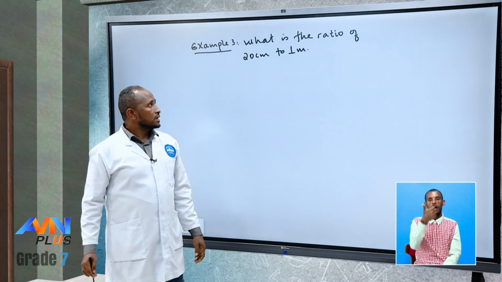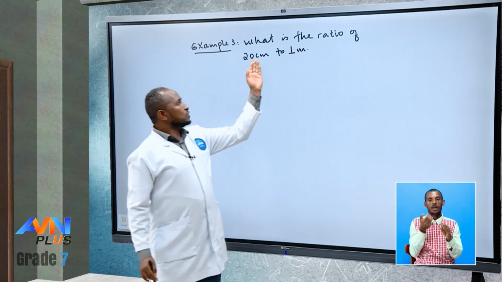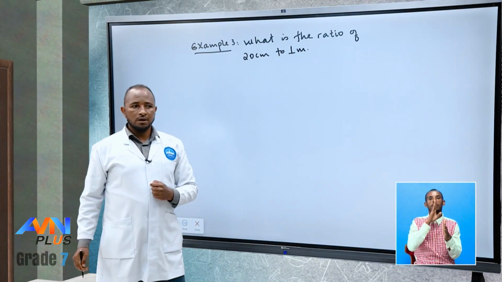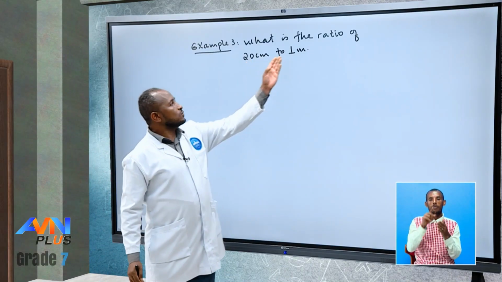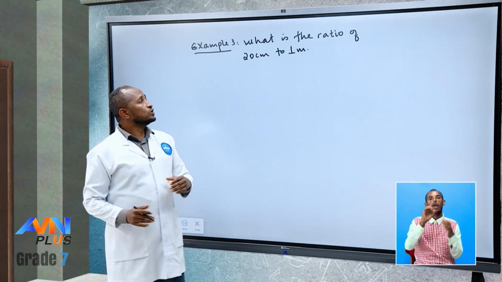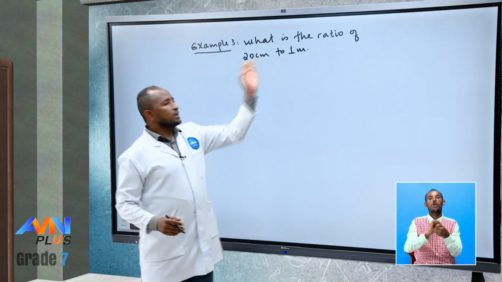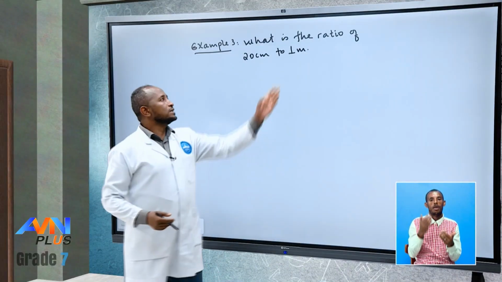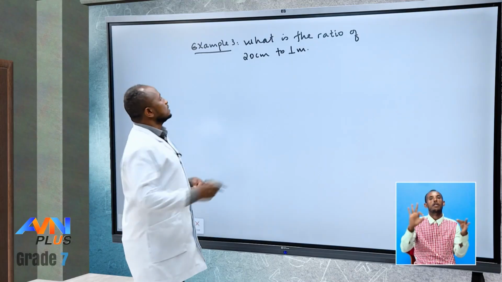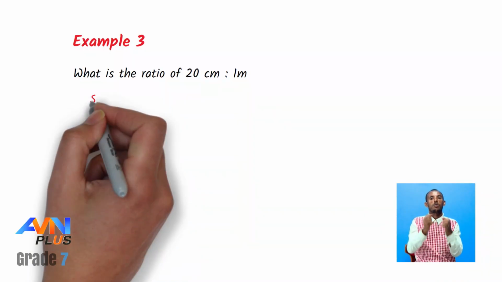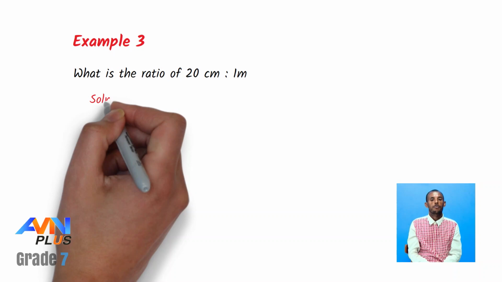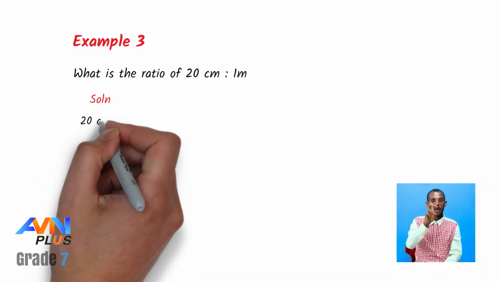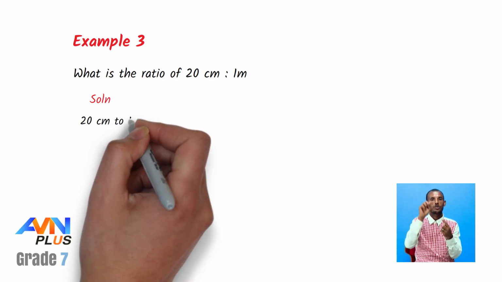As I said earlier, before a ratio is stated, the unit must be the same. Here, you have 20 centimeter and 1 meter. So you have to change either meter to centimeter or centimeter to meter. For simplicity, let's change meter to centimeter. So let's proceed. We are asked to find the ratio of 20 centimeter to this 1 meter.